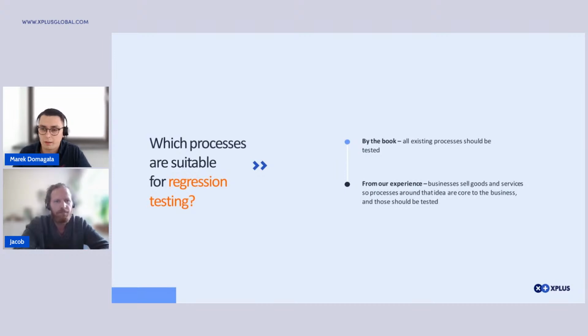So let's say from 1,000 processes, we can choose 20% which cover all these key functionalities needed for regression, because we don't want to spend too much time on maintenance and waste time.